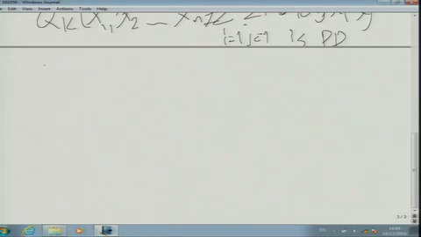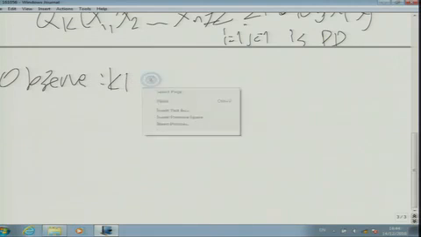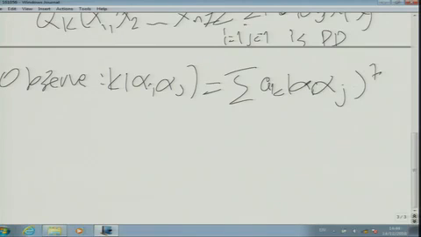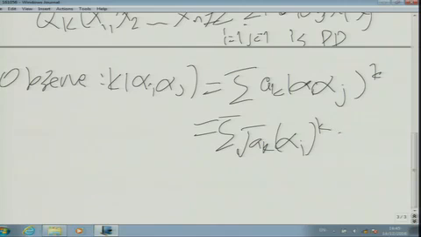And the proof first comes as we observe the function K(alpha_i alpha_j), which is the summation of a_k (alpha_i alpha_j) to the power k, and can be rewritten as summation of root a_k alpha_i to the power k times root a_k alpha_j to the power k.